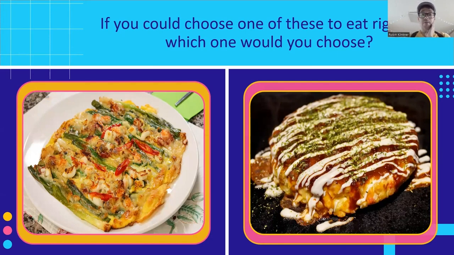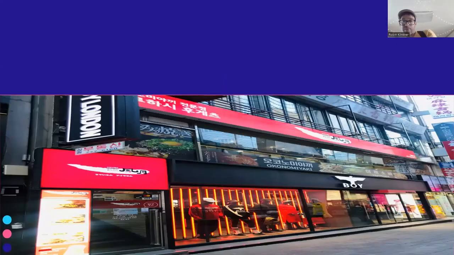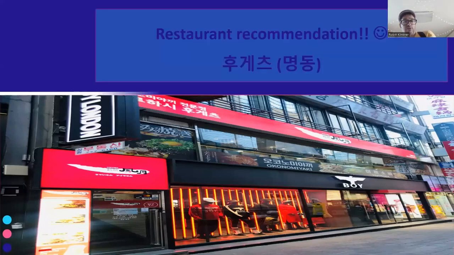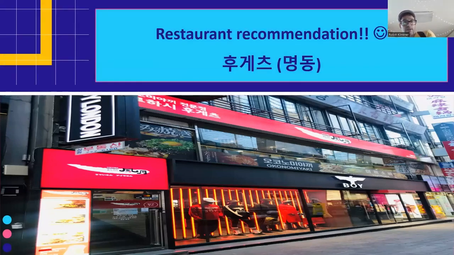Now here's just a quick recommendation before I finish the video. This place is in Myeongdong. There used to be one in Hongdae. There used to be one in Gangnam. I think the only one that's still open is in Myeongdong.